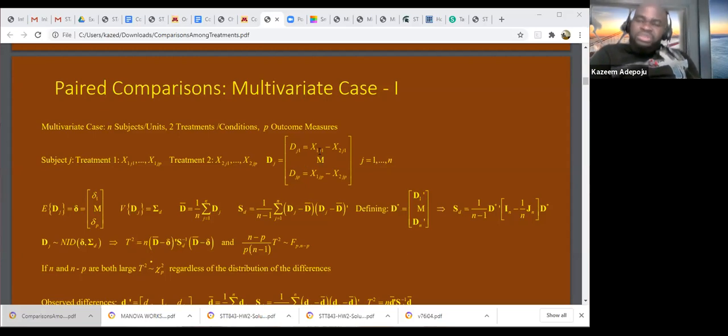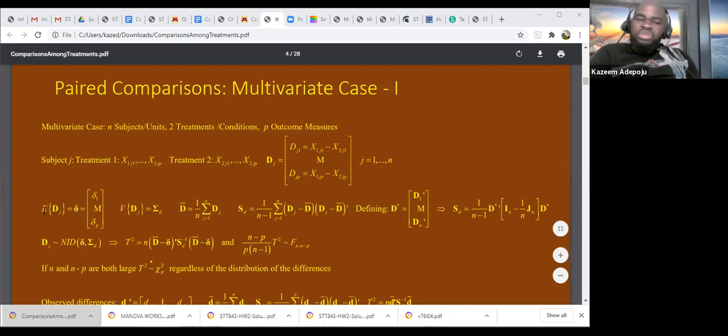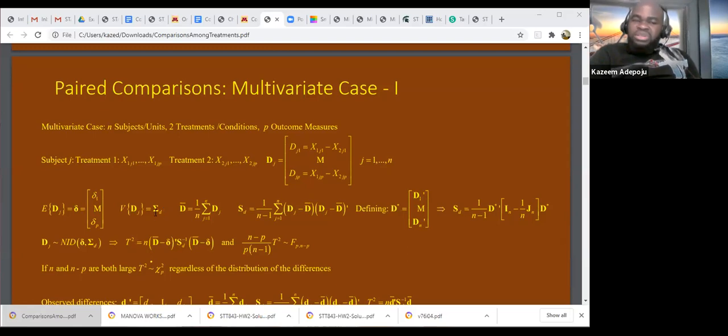So I'm just trying to tell you we're going to have a lot of differences. The difference is now going to be a vector. And when a difference is a vector, then we can actually talk about the mean of that, and that's exactly what we have here. We can talk about the variance of that. Of course, because it's a vector, it's actually going to be a variance-covariance.